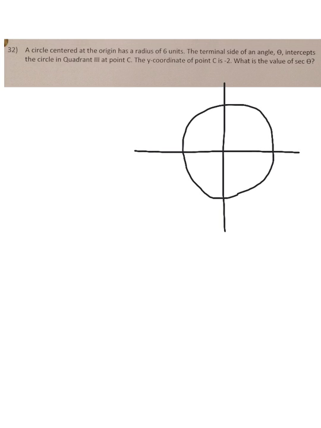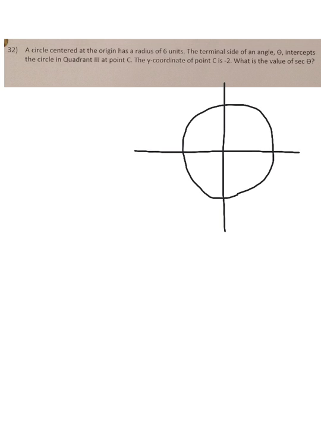Take a moment and read the question. And as you're reading that question, I am going to draw. They talk about a circle, right? Oh my goodness, I am not doing too well with circles today.